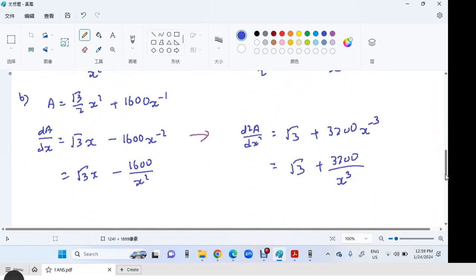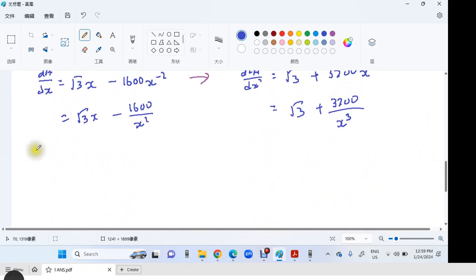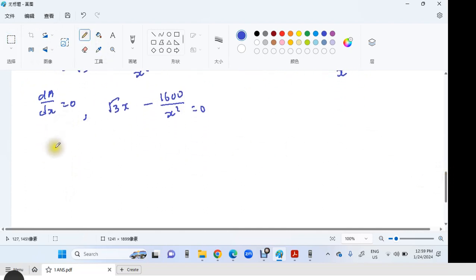But I will write it this way, as that is the final result we normally write for indices. So the stationary point is where dA/dx equals 0. So we have square root 3 x equal to 1600 over x squared. So we have x cubed equal to 1600 over square root 3.